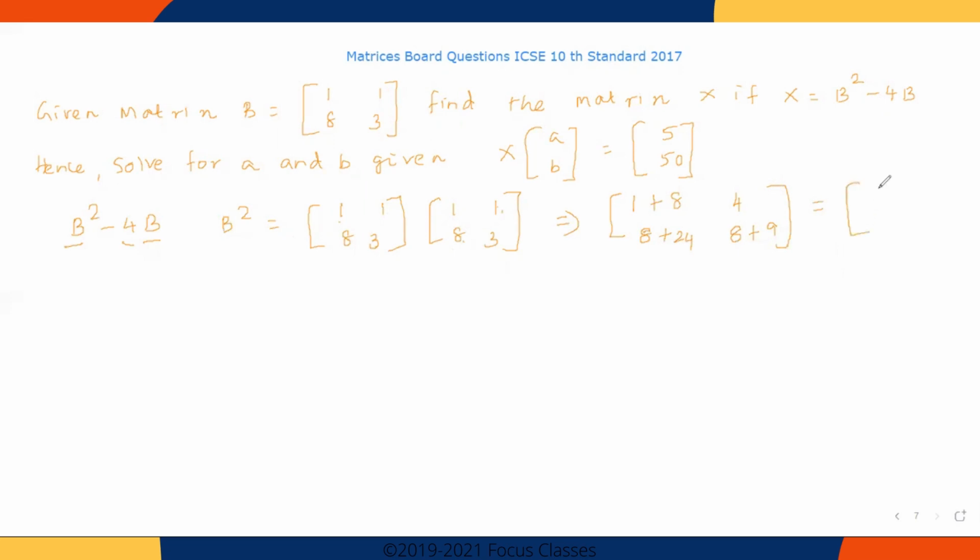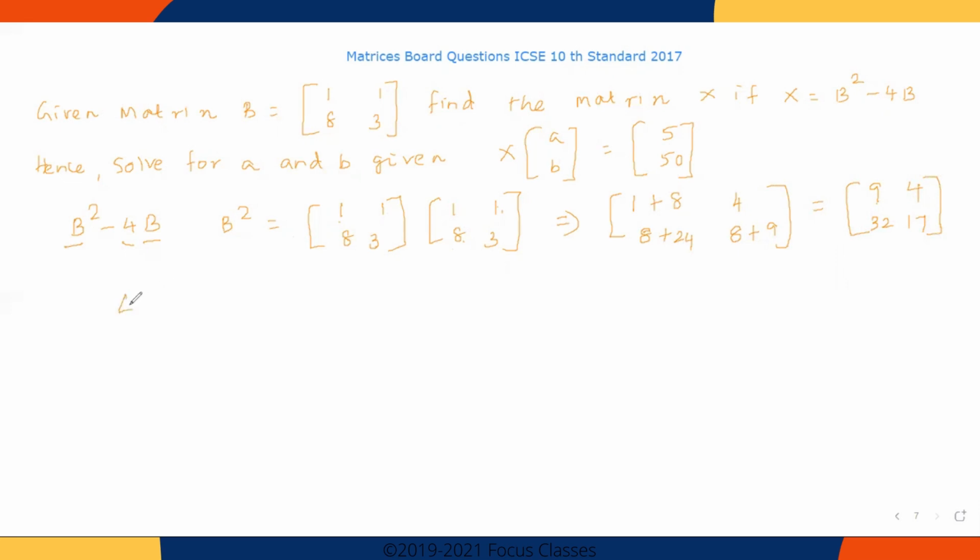So here 1 plus 24 is 25, 8 plus 24 is 32, 3 plus 9 is 12, and 24 plus 9 is 33. So we found the value of B square.